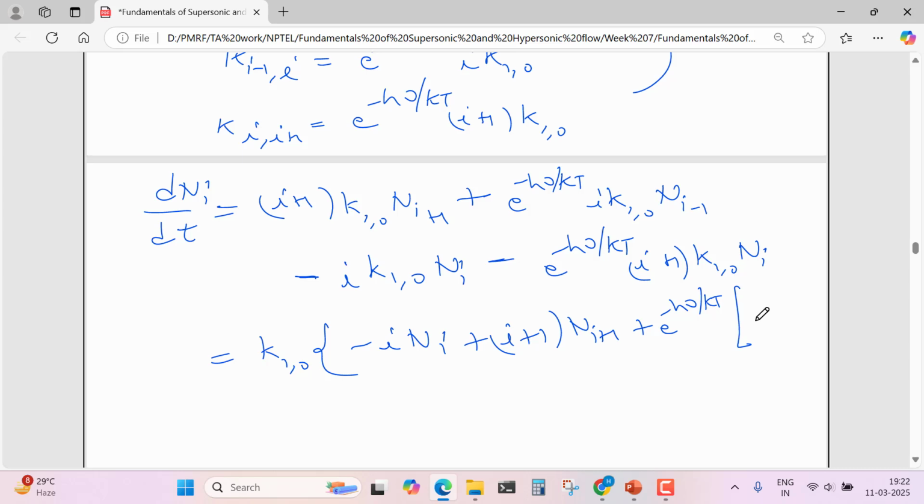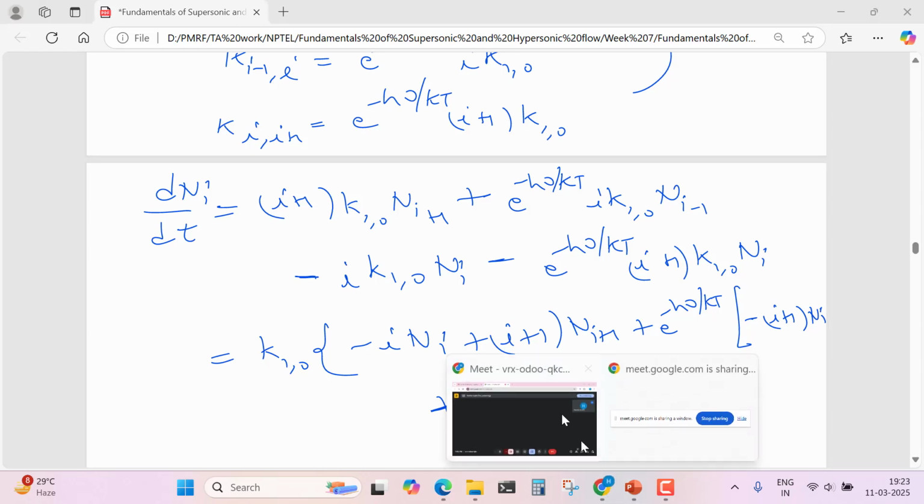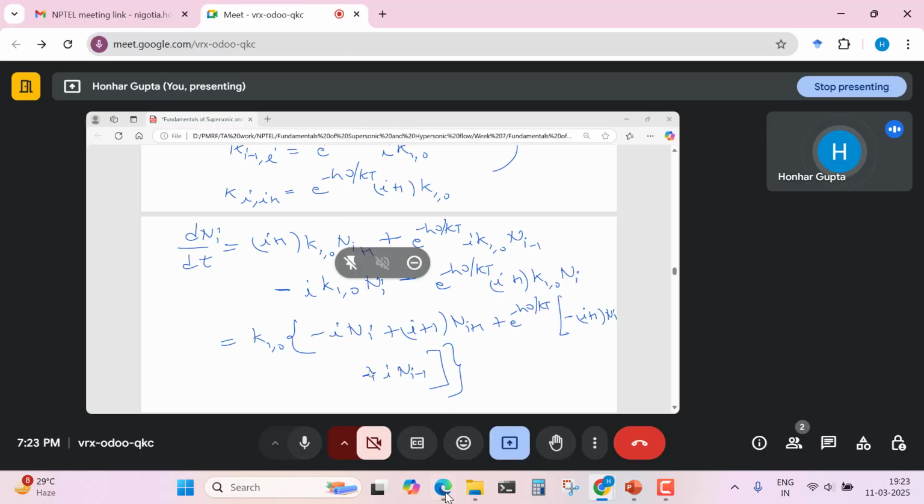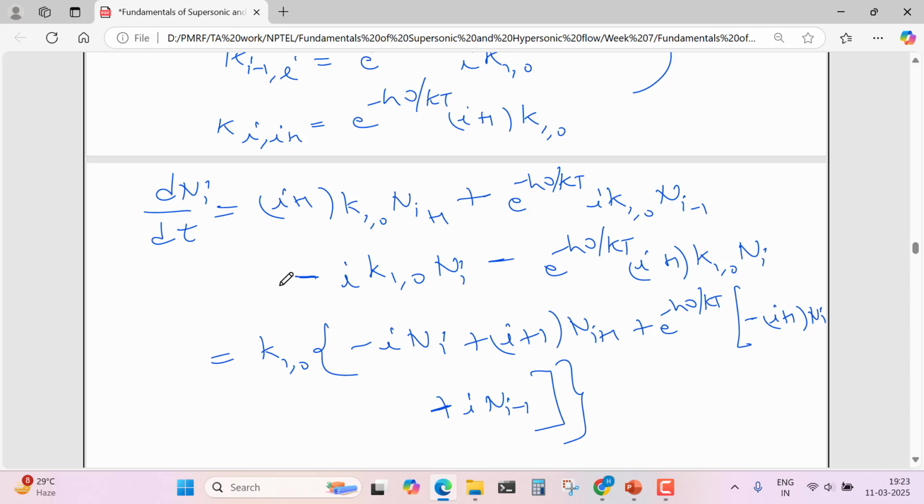It will come minus (i+1) n_i and i plus i n_{i-1}. This is the equation which we got for the rate of change of population of the ith level.